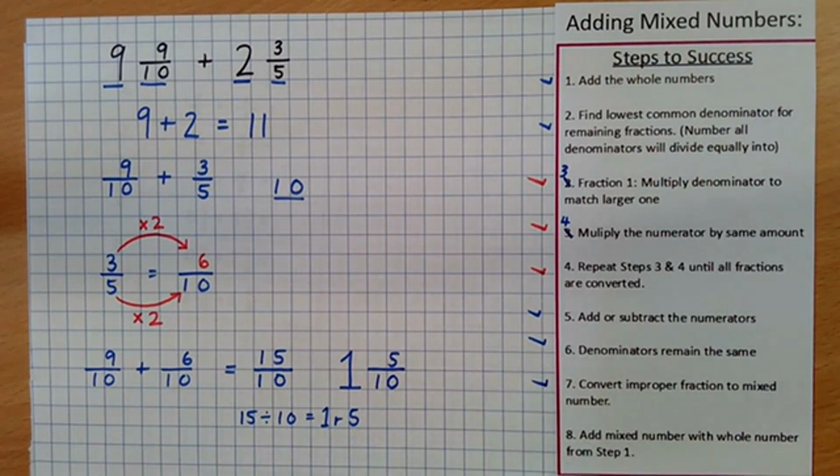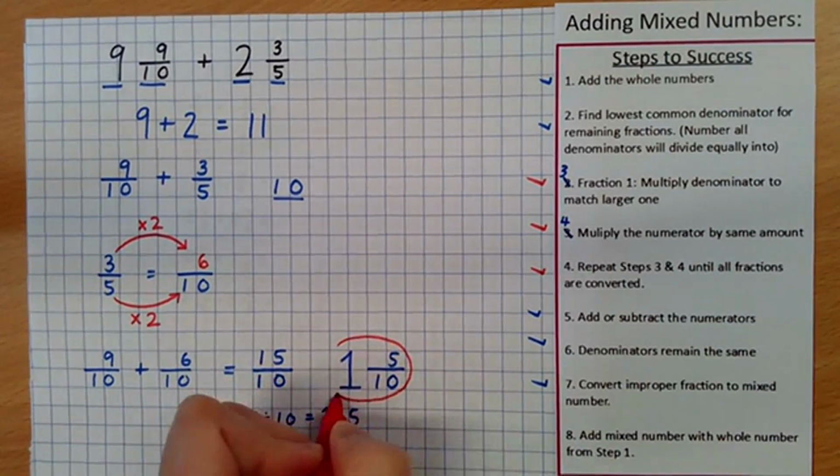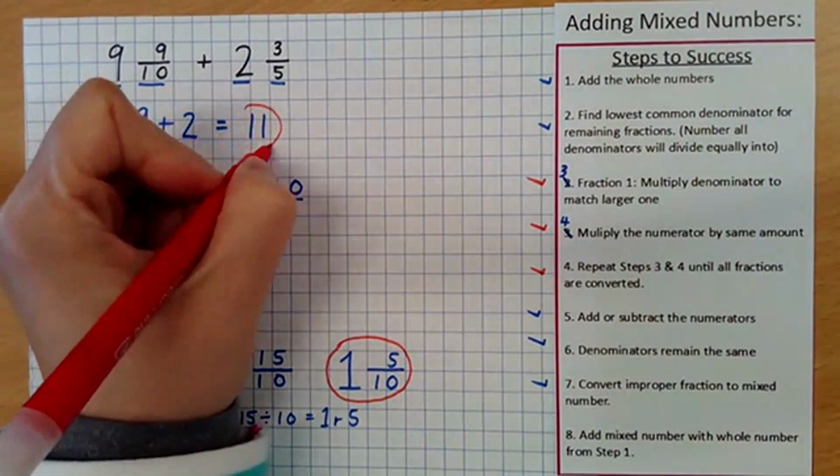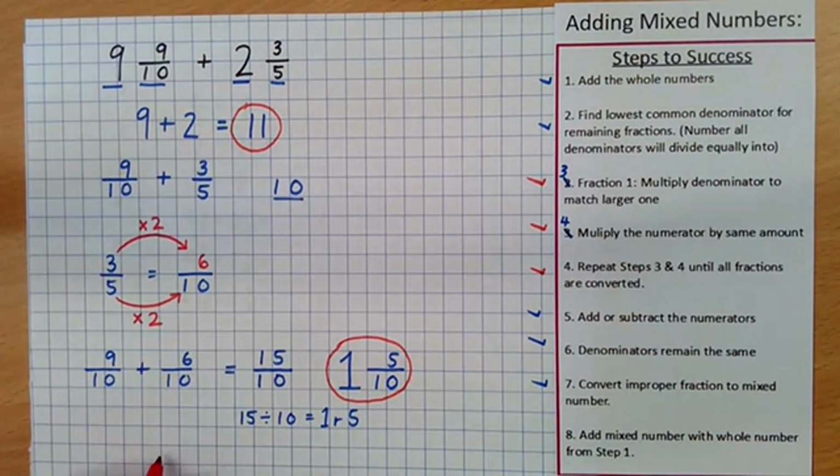Okay, so now that I've done that, I need to add my mixed number with the whole number from step 1. So I've got my mixed number here, and I'm going to add it with my whole number from step 1, which was here. So 11 plus 1 and 5/10 equals 11 plus 1 equals 12, and then we have 5/10.